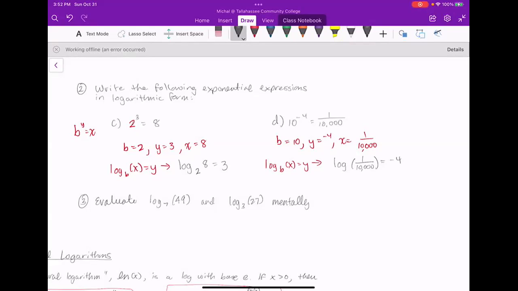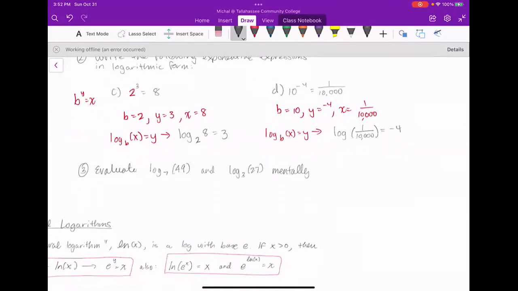We can also use this relationship to mentally evaluate logs without a calculator. So to do log base 7 of 49, I want to think, what exponent of 7 is equal to 49?